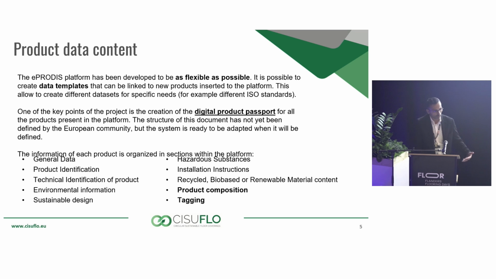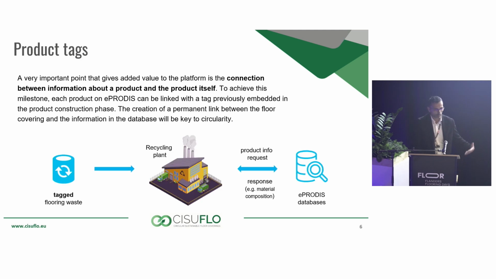All the information for each product is organized in the platform in sections in order to improve the user experience. Below we can see general data, product identification, environmental information, product composition and tagging, and so on. The last two, product composition and tagging, are in bold because they are very important for this feature.